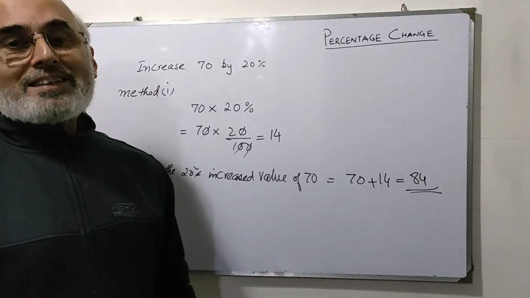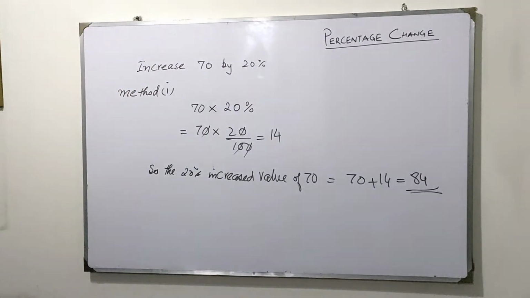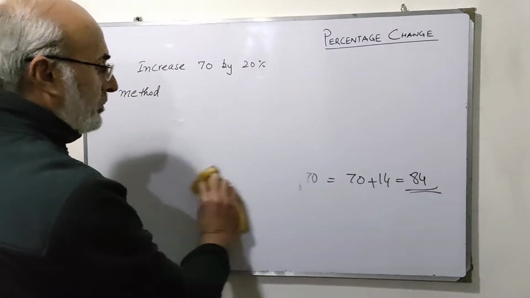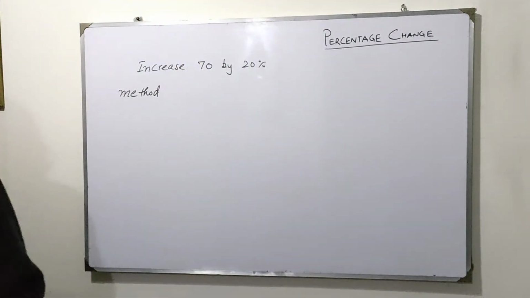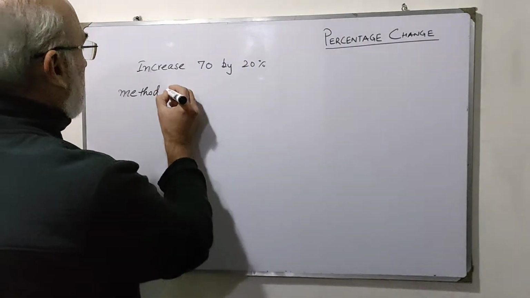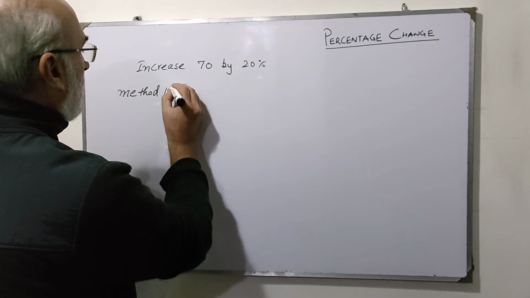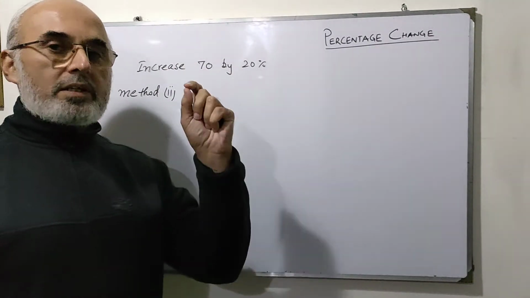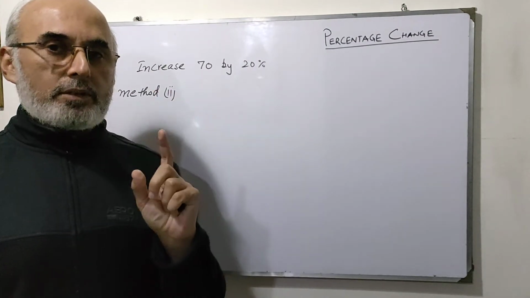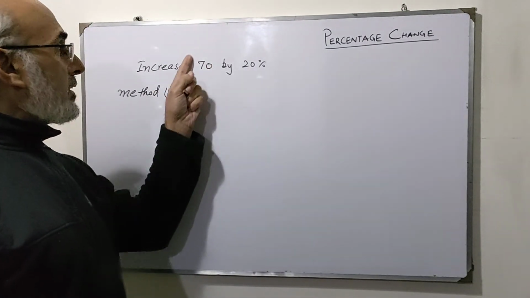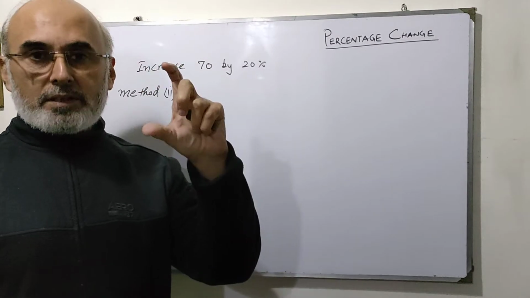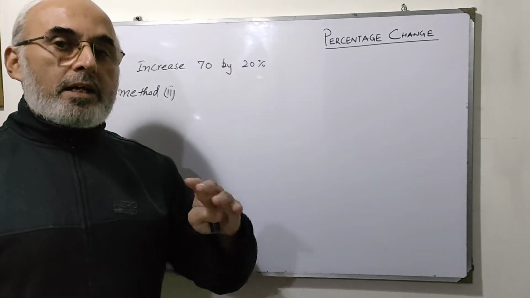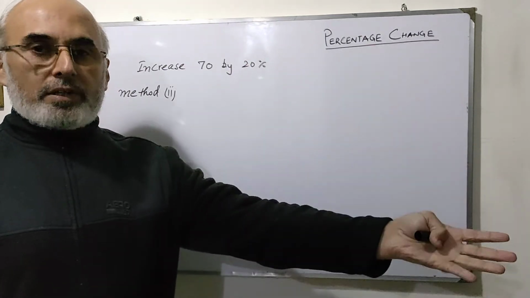Now let's do the second method. Method number 2. Now we know that we have to increase 70 by 20%. This 70 is whole, this is 100%, but we have to increase it by 20%, that is 20 more than 100.